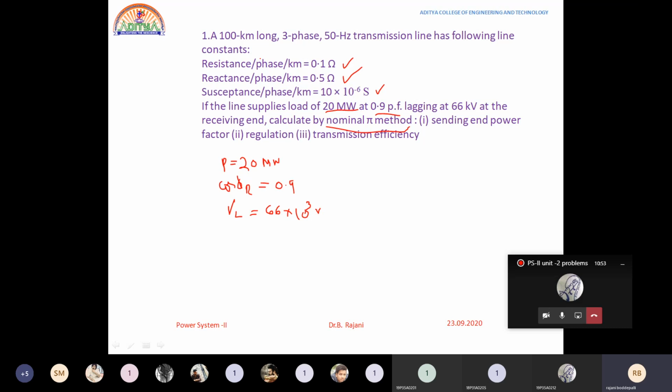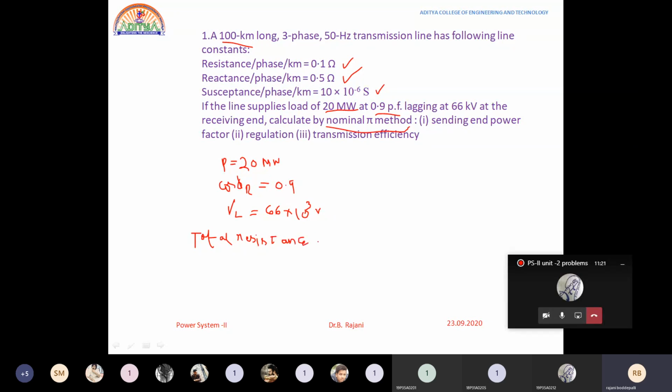Now see here, if I want to find the total resistance, what do I have to do? The resistance per kilometer is multiplied with the total length of the line. The length of the line is given as 100 kilometers, a three-phase 50 Hz transmission line. So the total resistance would be 0.1 into 100.